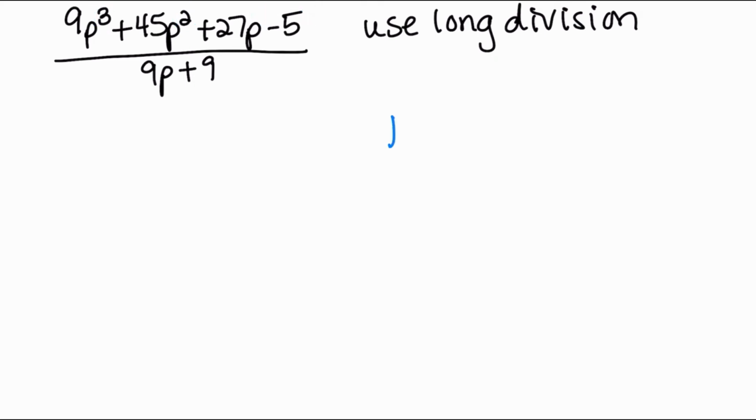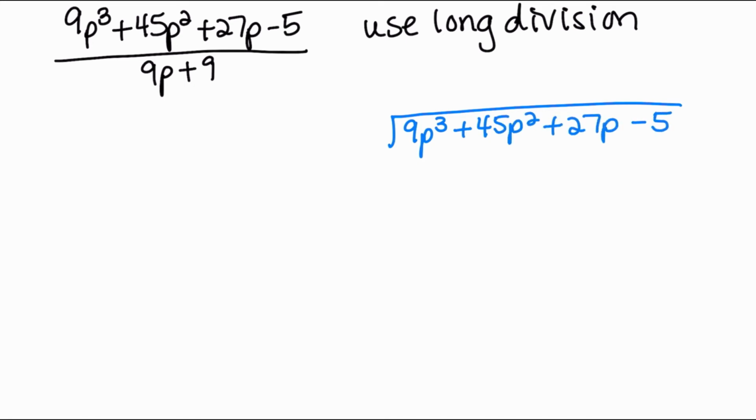So I'm going to go ahead and set up my problem. I'm going to write 9p to the third power plus 45p squared plus 27p minus 5, and that's all divided by 9p plus 9. Just as before, we're going to start by looking at 9p and comparing it to 9p to the third power.